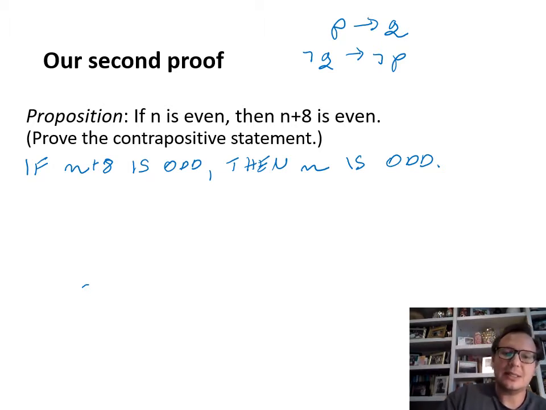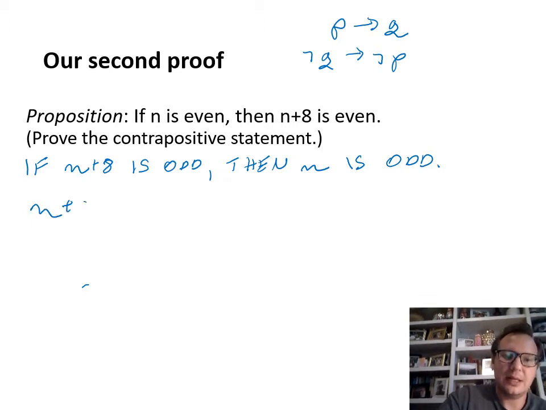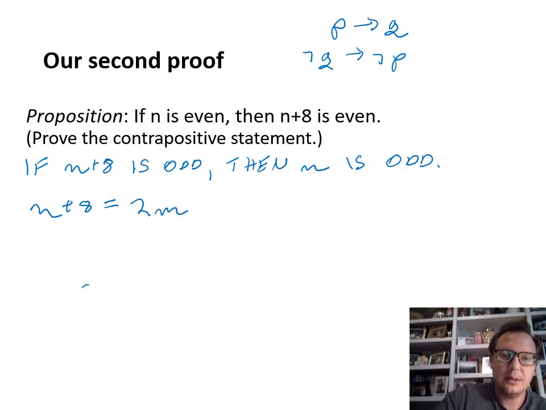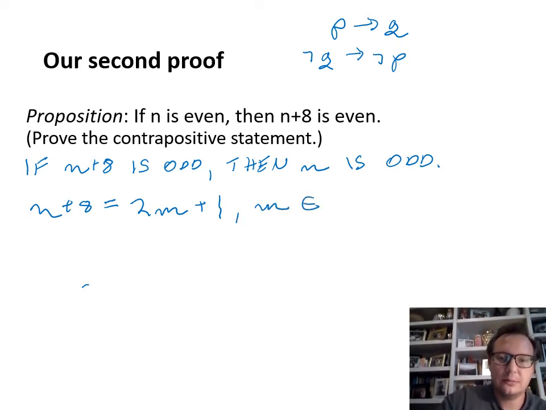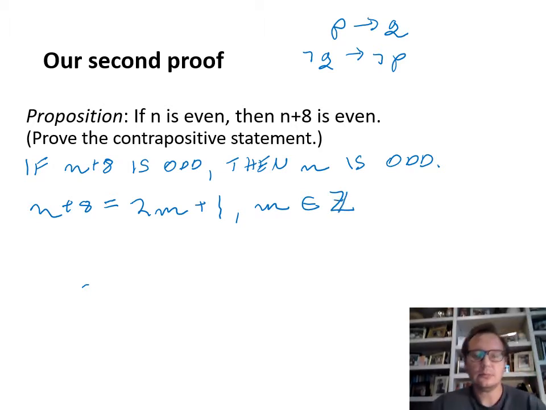So we know that n plus 8 is odd, so that means that n plus 8 is equal to 2m plus 1, where m is some integer. Okay, and now using this fact we want to derive that n is also odd. So how do we do that?